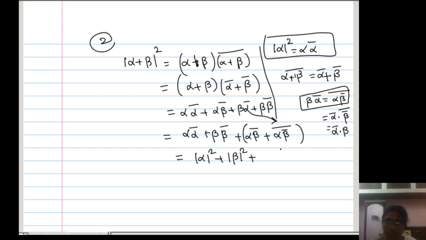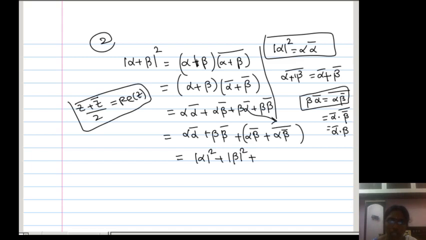Next, tell me now this. What is this? αβ̄ plus the conjugate of αβ̄. Already we discussed this. Z plus Z̄ by 2 is equal to the real part of Z. In the previous sessions we discussed this concept. Is it?